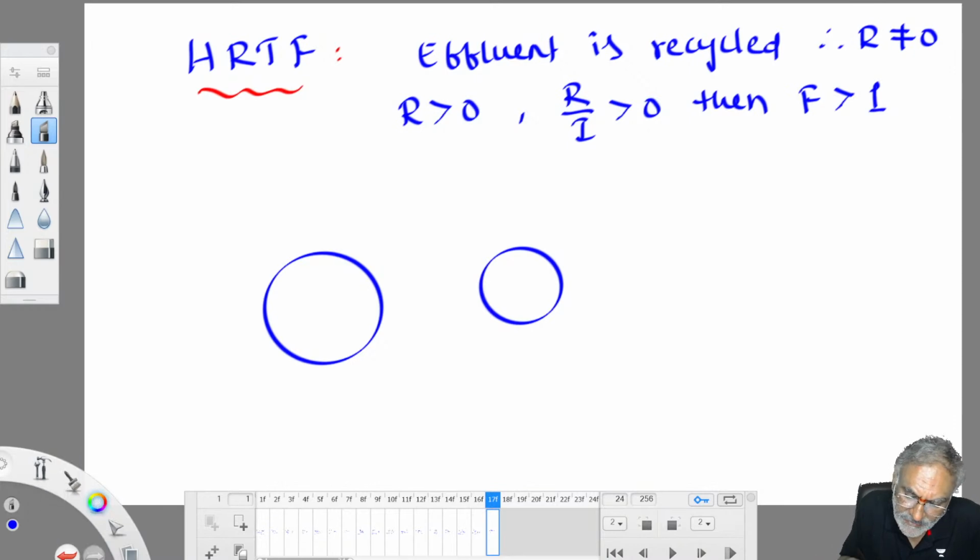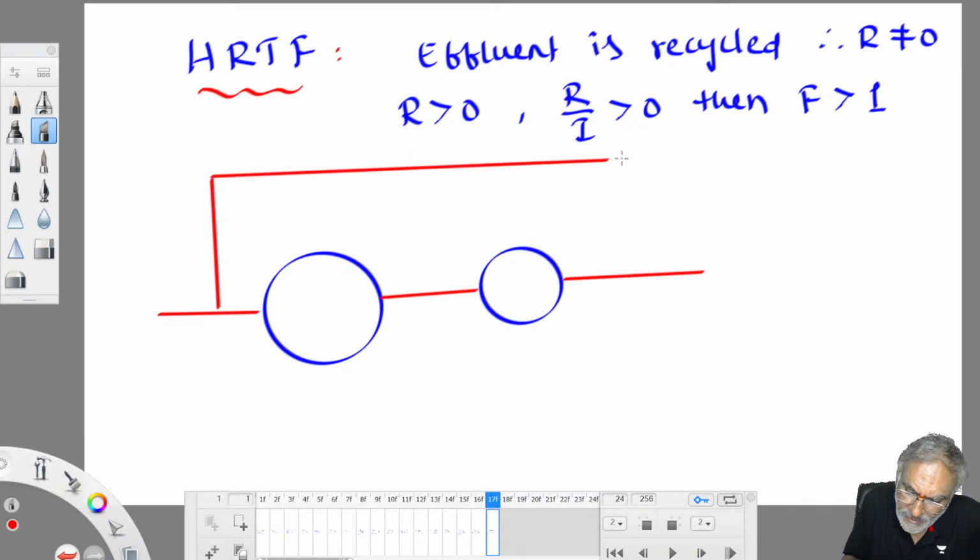Then what else is there? Recirculation is also there. Instead of disposing all the effluent back to nature, a portion of the effluent is recycled back to the process.